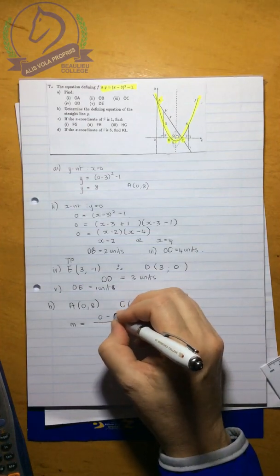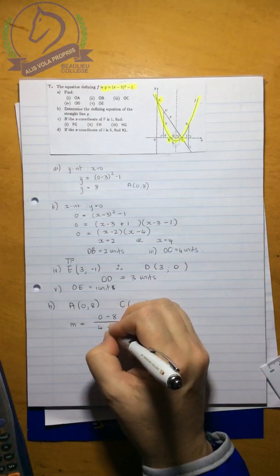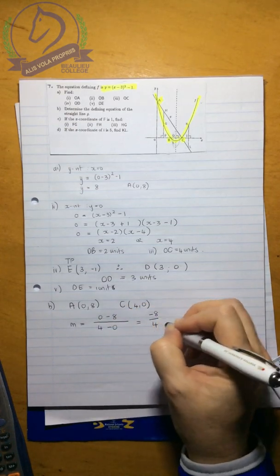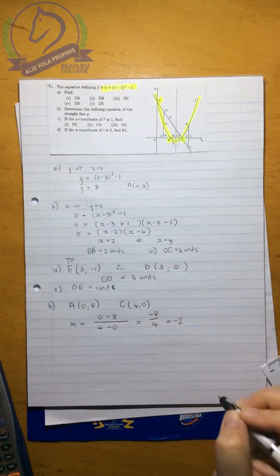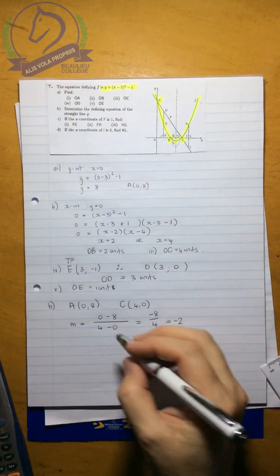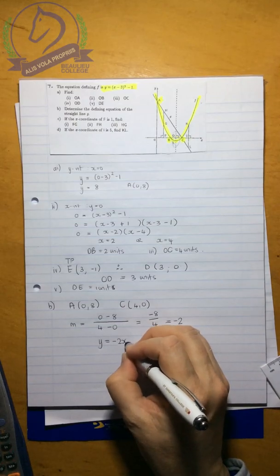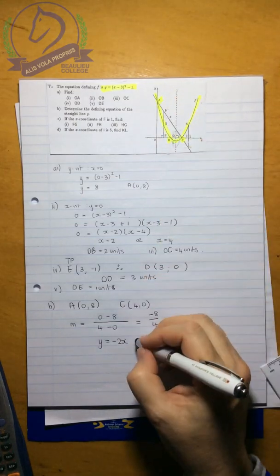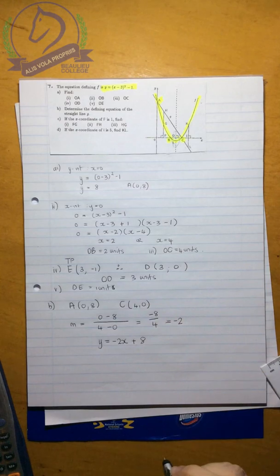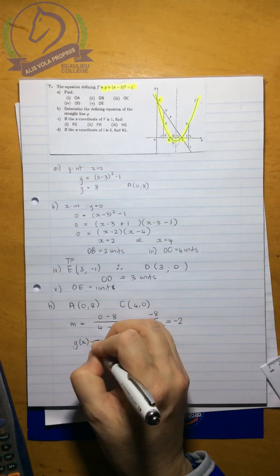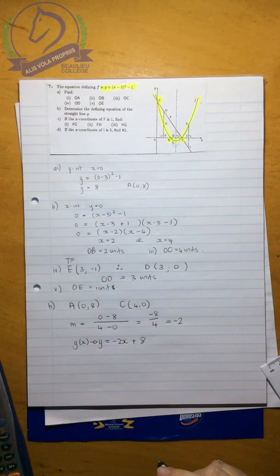So 0 minus 8, 4 minus 0, so minus 8 over 4, I've got a gradient of negative 2. So y is equal to negative 2x, and I already know that my y-intercept is 8. So g of x will be minus 2x plus 8.